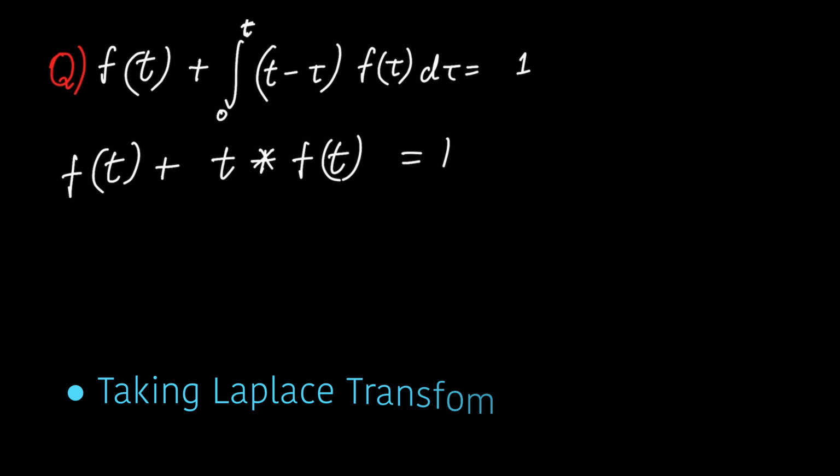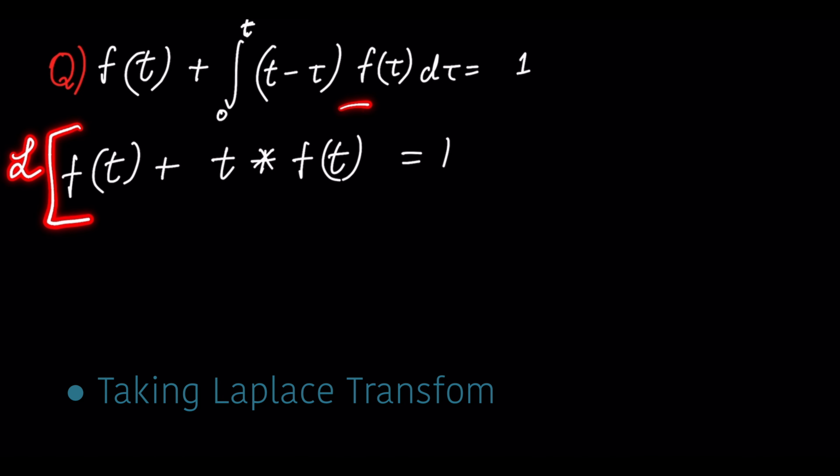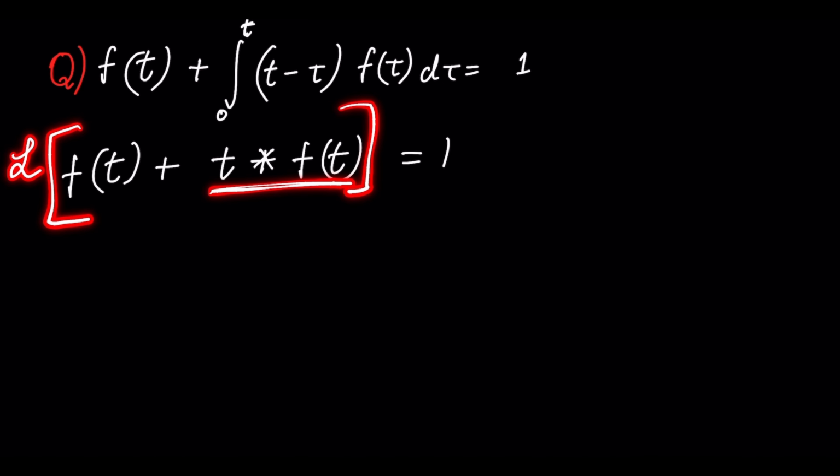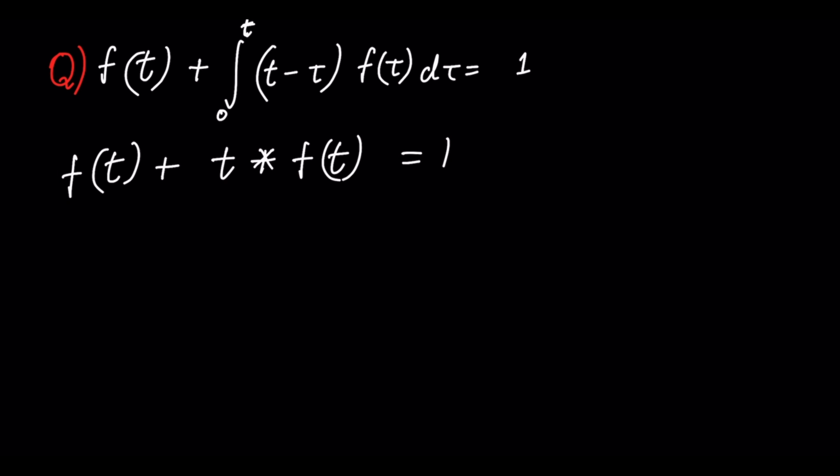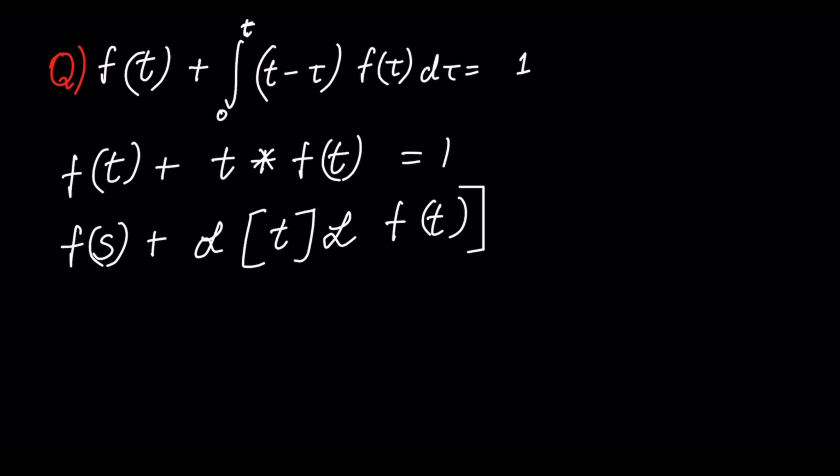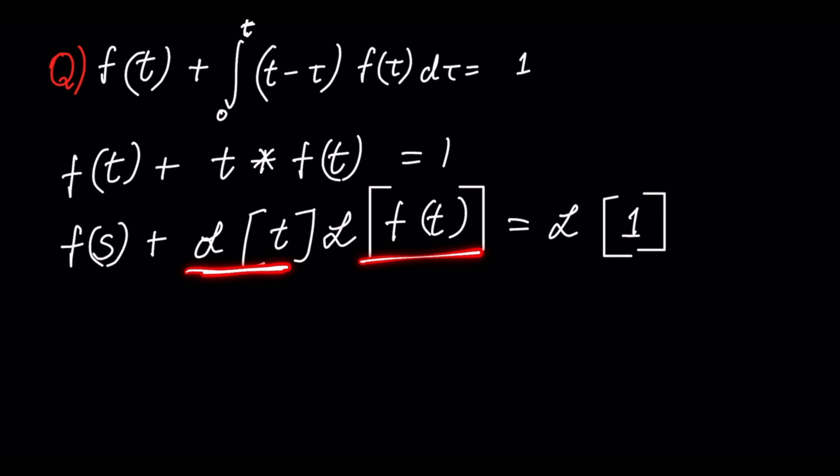Taking the Laplace transform on both sides of this equation, and then applying the convolution theorem onto this. Now we're going to find the Laplace transform of t and f of t individually, and then write them together.